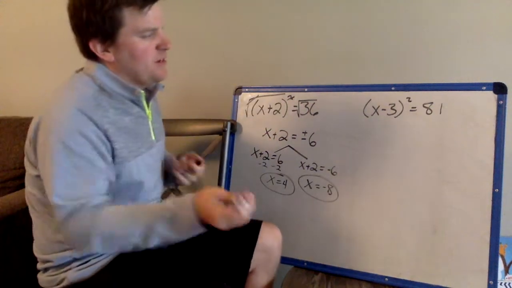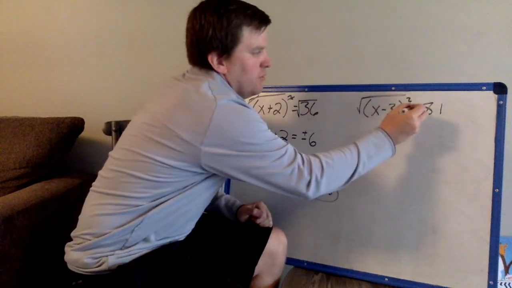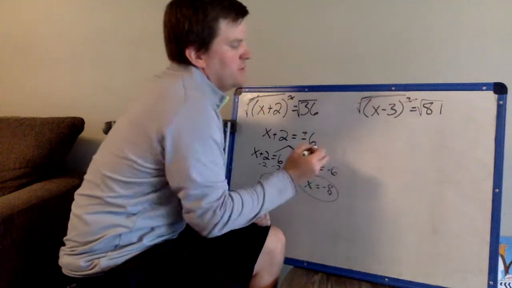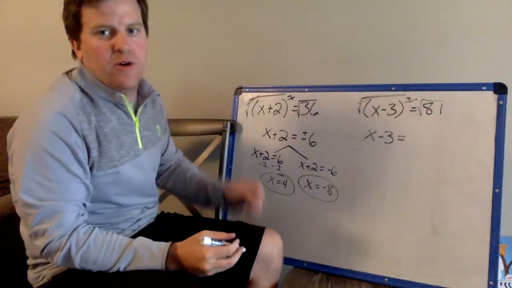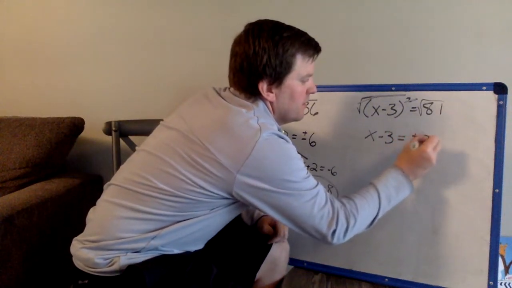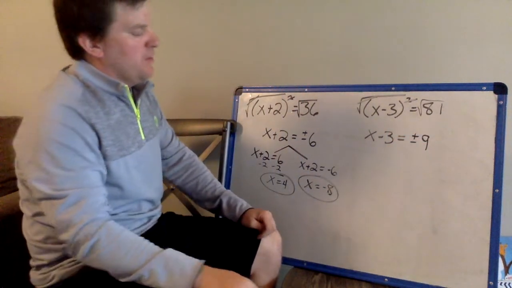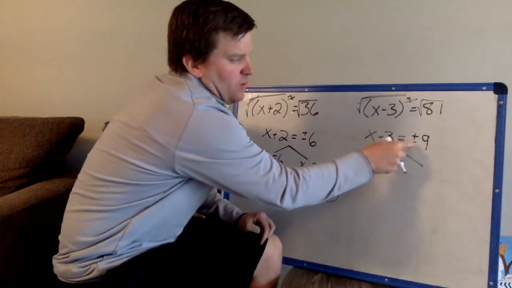Same idea with the second one over here. Again, we want to get the x out of there, so we need to square root both sides to undo this squared. Those cancel each other out. x minus 3 is equal to the square root of 81. 2 answers, positive number. Positive and negative 9. So then again, we're going to split it just like we did on the last one because we need one equation with a positive 9, one with a negative 9.